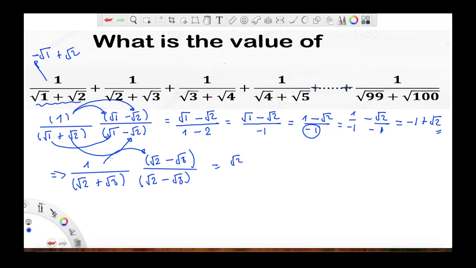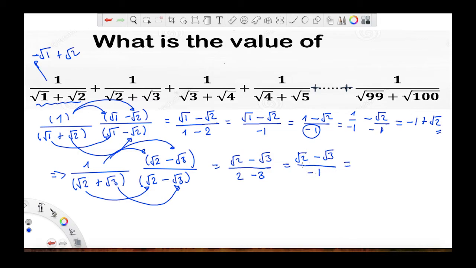Root 2 times minus root 3. And let us look at the denominator. Difference of 2 squares. Root 2 times root 2 is 2. And root 3 times minus root 3 will give us minus 3. So we can see that we are going to have root 2 minus root 3 divided by minus 1. So when we divide by minus 1, all the signs will change. So this plus will become minus root 2, and this will become plus root 3.